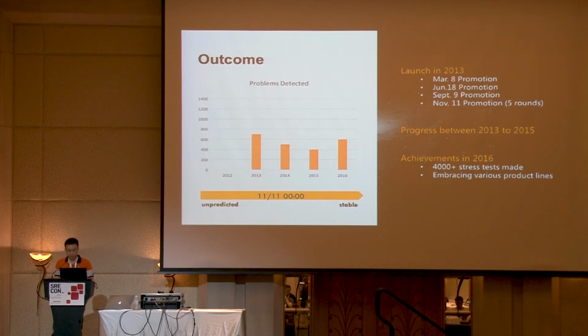Actually, in each big promotion event, we will take several rounds of full-chain stress test to make a complete simulation of the whole system and reveal any hidden problems. We are proud to see this is our nuclear weapon in site availability guarantee.